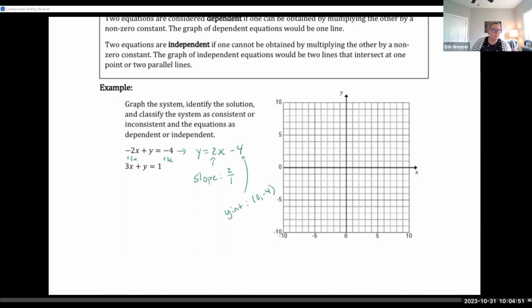So I can start by graphing that point, right? That's how we graph our lines. We always have to start with a point. So going to (0, -4) is going to be this point right here. And then I'm going to use my slope of 1 over 1, which remember means go up 1, right 1. Go to my next point.